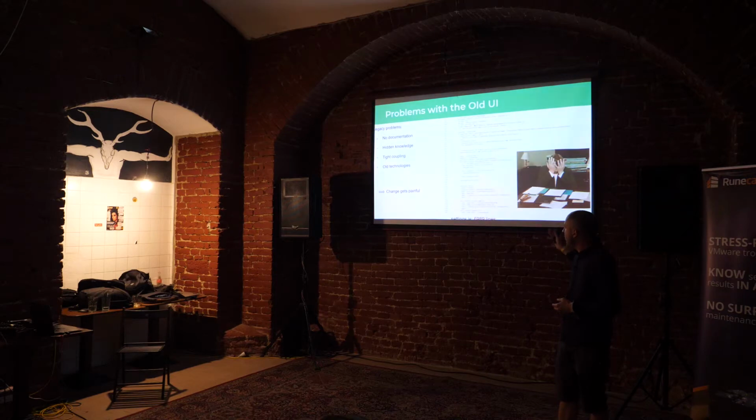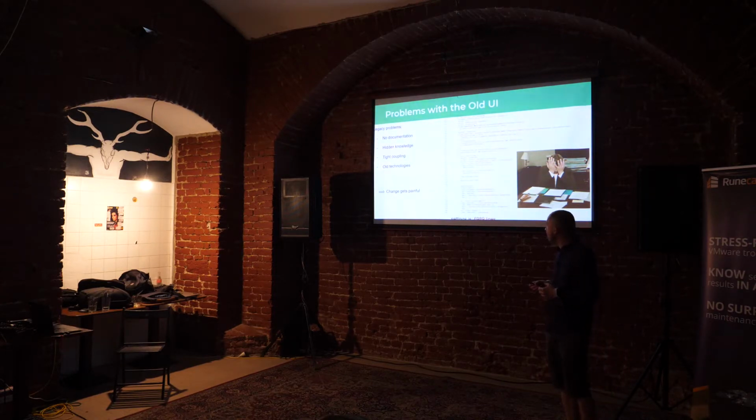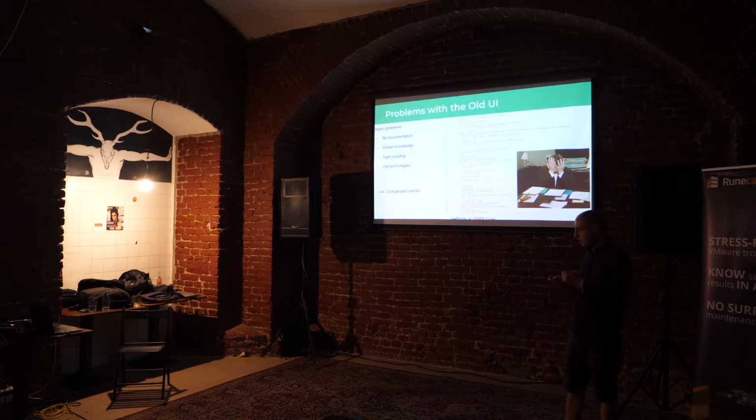And another legacy problem is tight coupling. It sounds complicated, but it's kind of easy to understand: let's say you change one thing, you want it to be predictable. And in this application, in the old UI, it is not. So you change something, and it can change something else in an unpredictable manner.